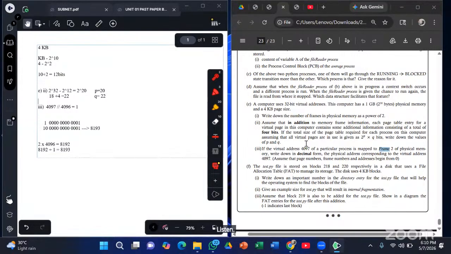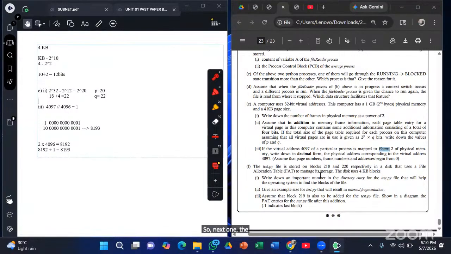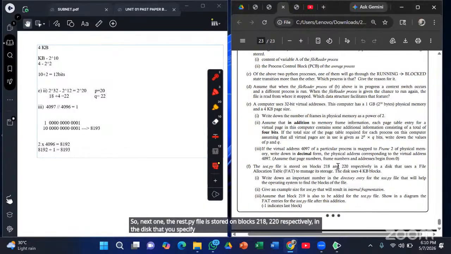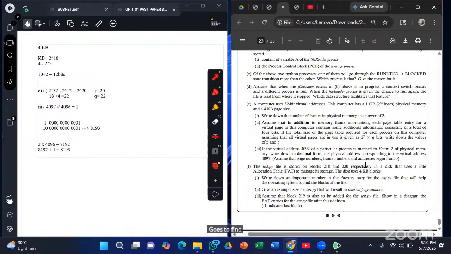So next one, the test.py file is stored on blocks 218, 220 respectively in a disk that uses a file allocation table to manage its storage. The disk uses 4 KB blocks. Write down an important number in the directory entry of the test.py file that will help the OS to find the block of the file.